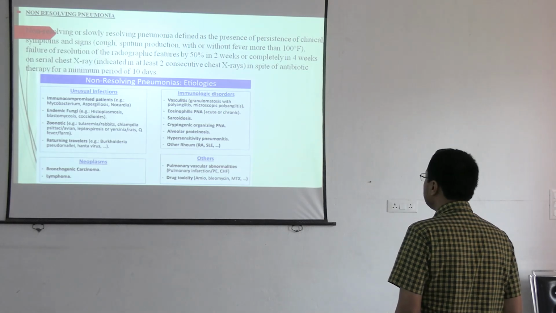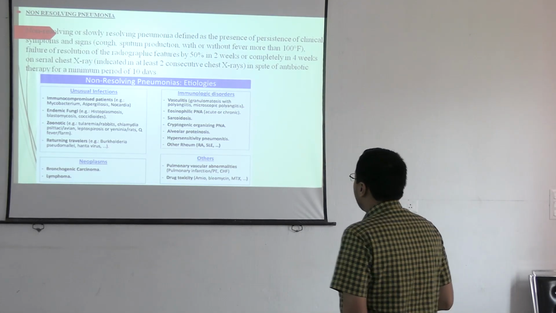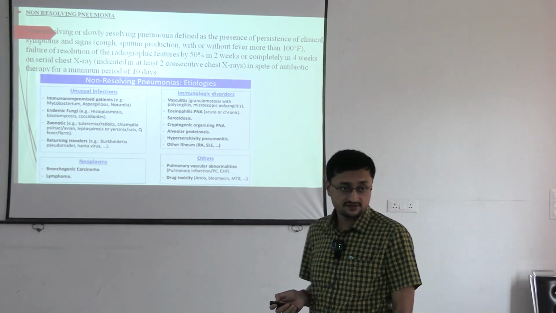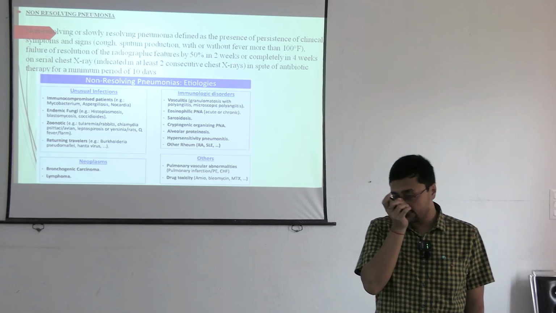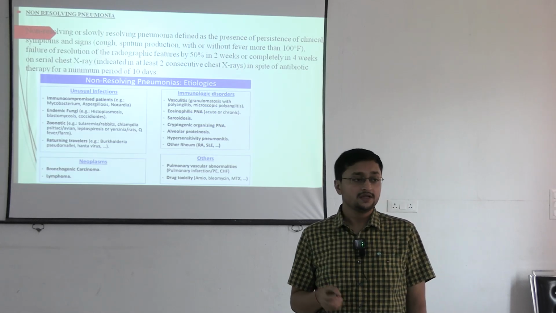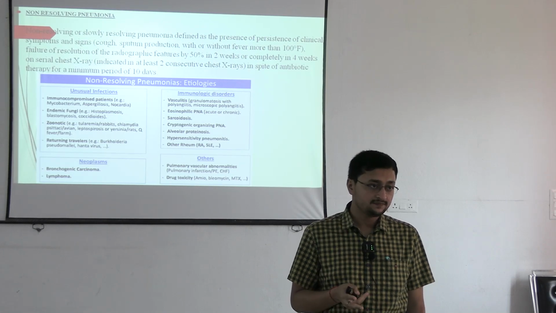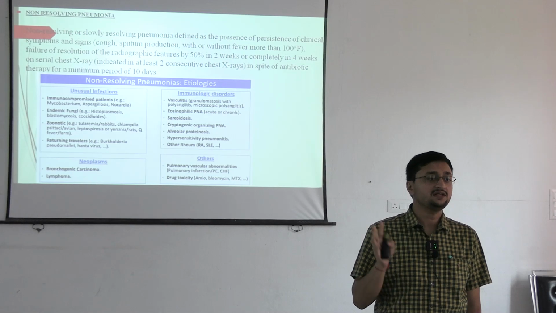So these are the etiologies of non-resolving pneumonia. This is very important. Unusual infections like fungal infections. If the pneumonia is fungal, what are the most common fungal pneumonias? Pneumocystis. Second, Aspergillus, right? These two are the most common, Pneumocystis and Aspergillus.